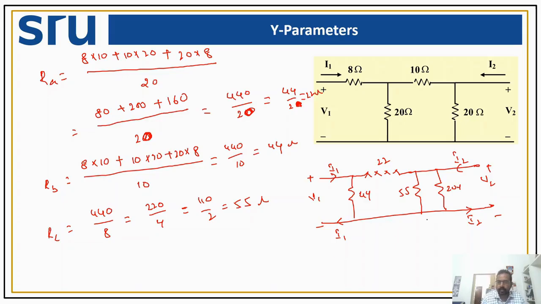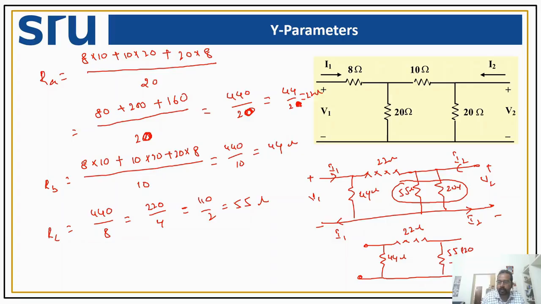Now further continuing, we can see that my 55 and 20 ohms are connected in parallel. Okay. So we can convert this into a pi network. And we have a pi network over here, and the value of this resistance is 22 ohms, and this is 44 ohms, and this will be my, say, 55 into 20 divided by 75.